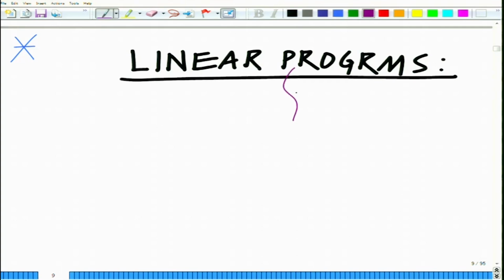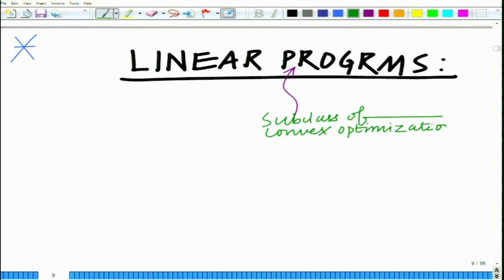You can think of this as a special case or a type of convex optimization problem.